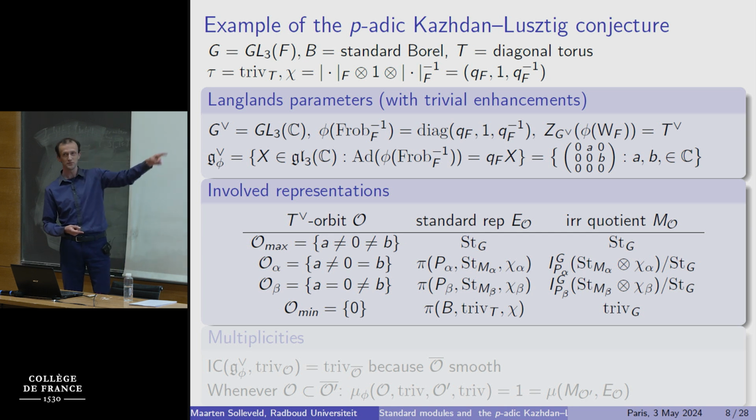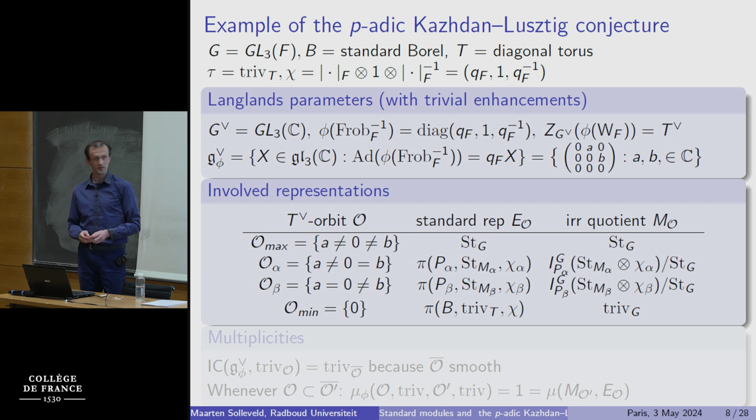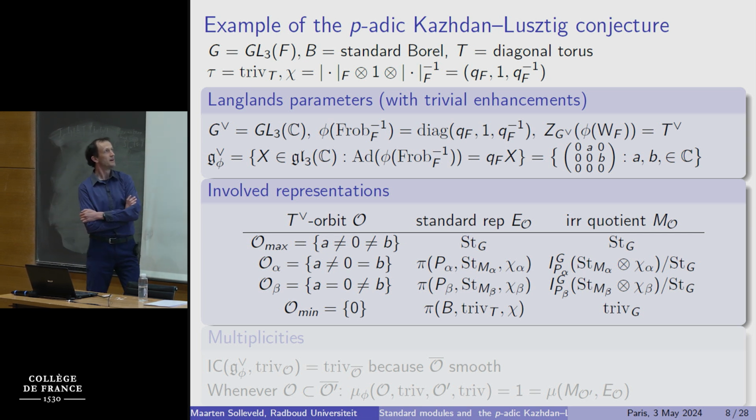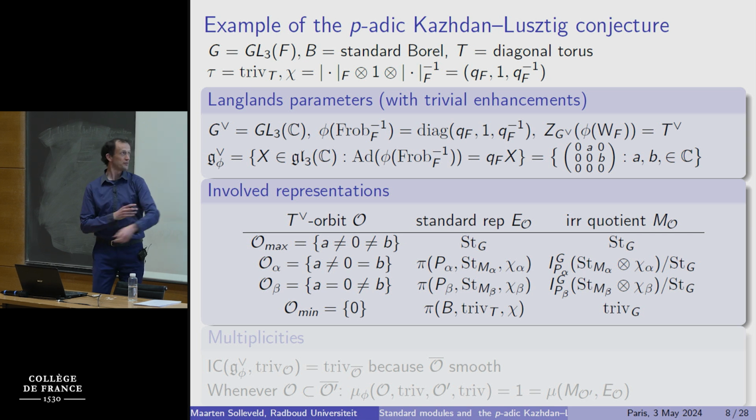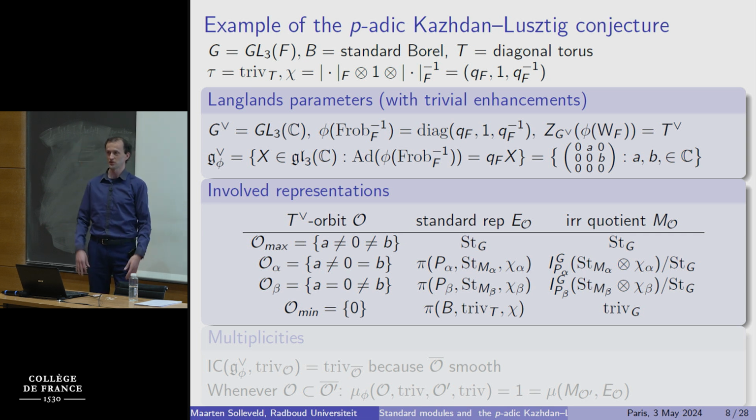You have a smallest orbit, which is just the 0 nilpotent element, which corresponds to the trivial representation, and you have 2 things in the middle, which correspond to other things there. If you look at this list, you will see that in this standard module of length 4, all 4 possible irreducibles appear with multiplicity 1.